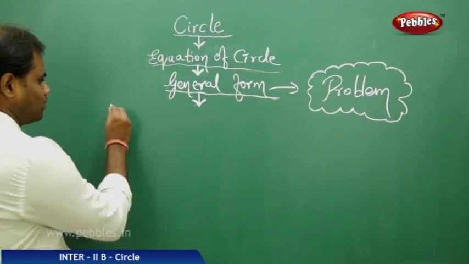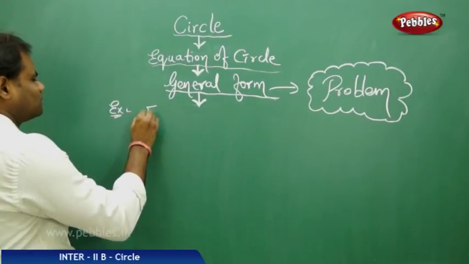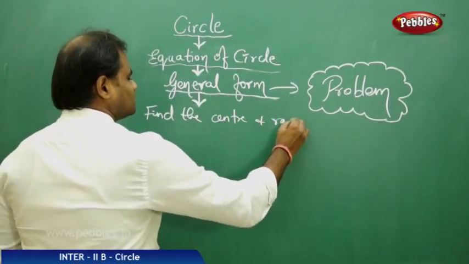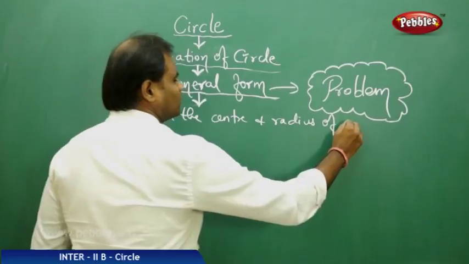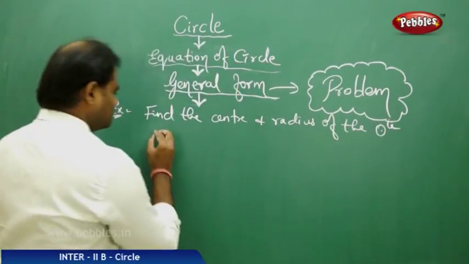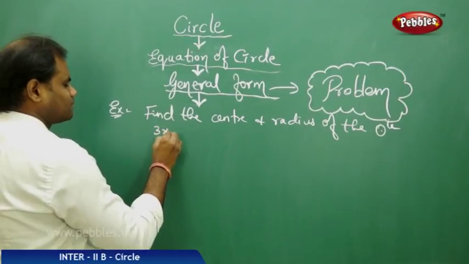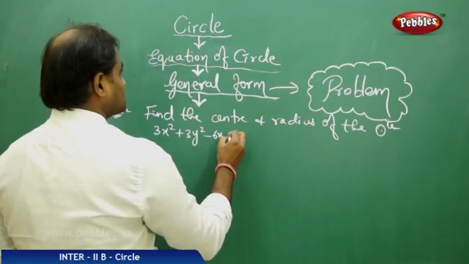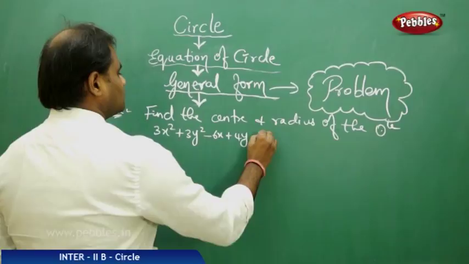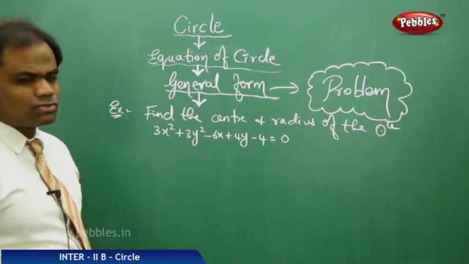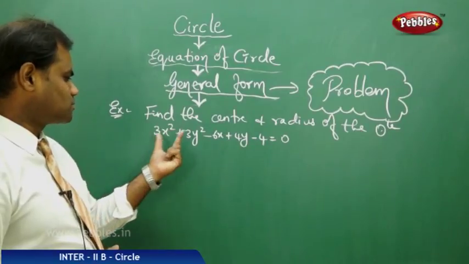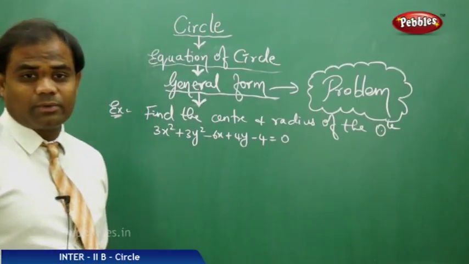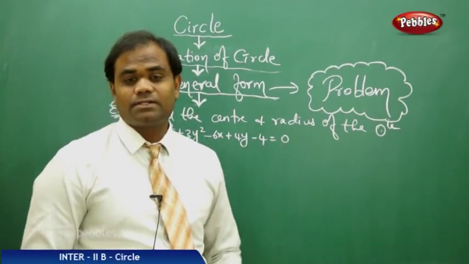Say I have a problem which says: find the center and radius of the circle given by the equation 3x squared plus 3y squared minus 6x plus 4y minus 4 equal to 0. The question is to find the center and radius of that circle.